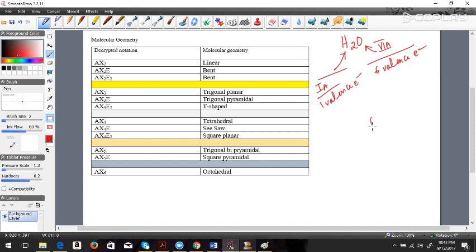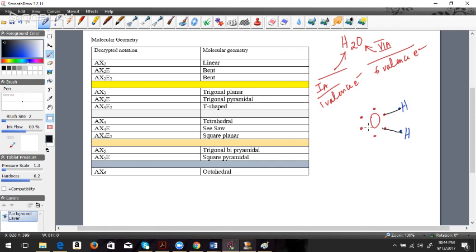As always, the oxygen goes at the center and it's got 6 electrons, so 3, 4, 5, 6, right? And then the 2 hydrogens, in a different color. Hydrogen, it's got 1 electron and 1 electron, right? Very good.